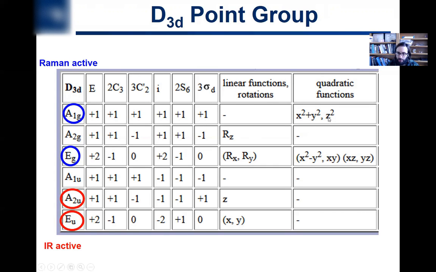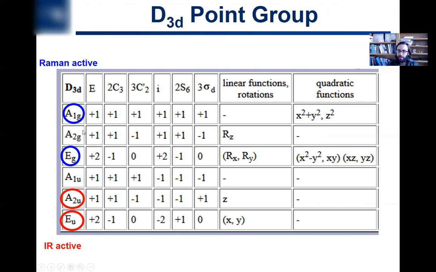Similarly, we have some squared values. We have x squared plus y squared. That's good enough. We have z squared. And so A1g is going to be Raman active. So, in summary, we have two symmetries that could give rise to IR active normal modes for any D3d molecule.